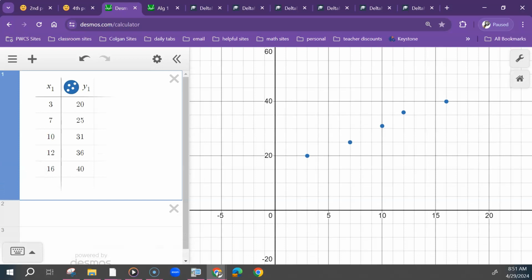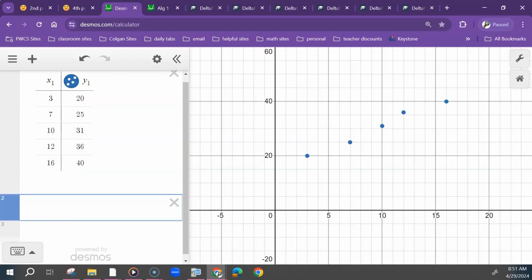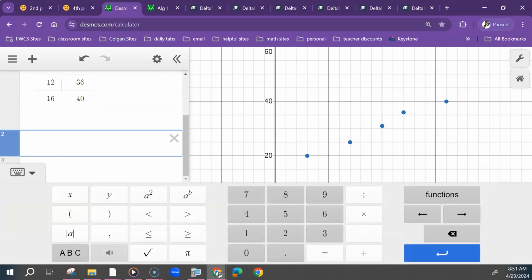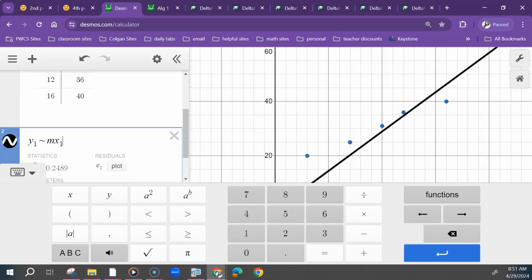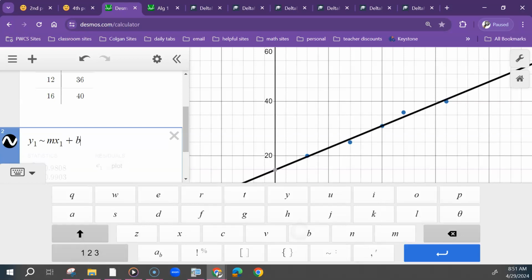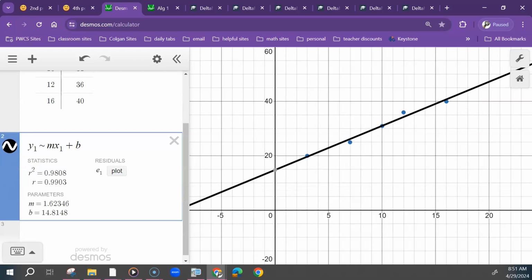And then when you get to the SL, if you blank, always try to remember your equation of a line, y equals mx plus b, and just change the y to y1, the x to x1, and then the equals to the tilde. Because again, this will be something not given to you on the SL.